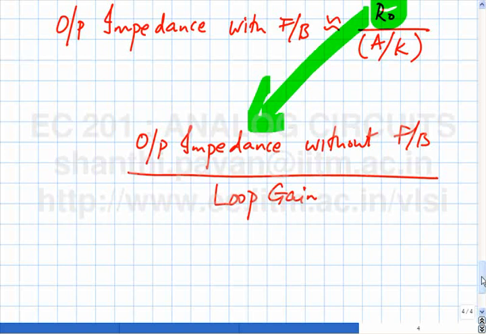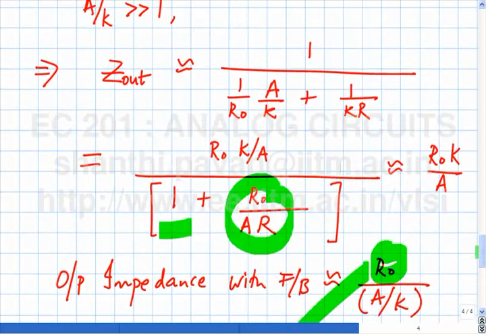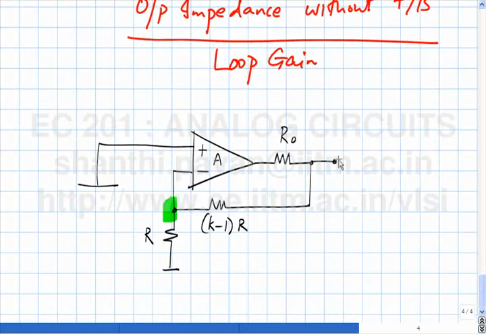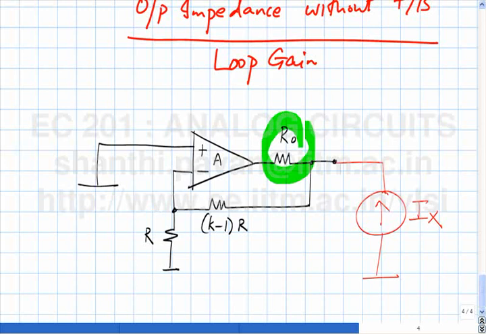So the question now is, why does this make sense? What happens when I inject a current Ix into the amplifier? If the output impedance of the amplifier is 0, that is if R0 here was 0, then what do you think will happen to the node potential Vx when I pump a current into the amplifier?